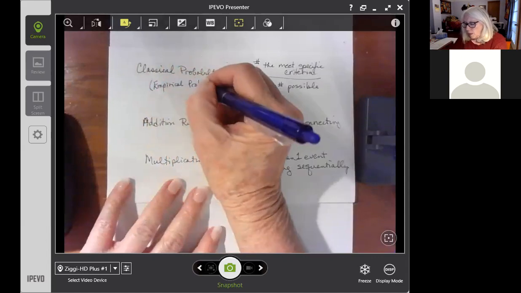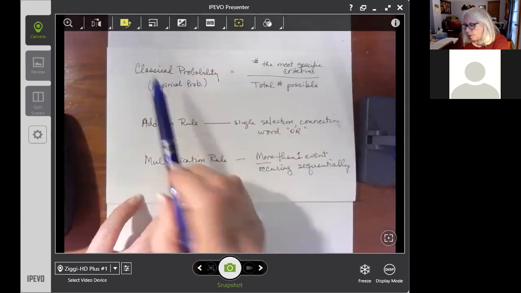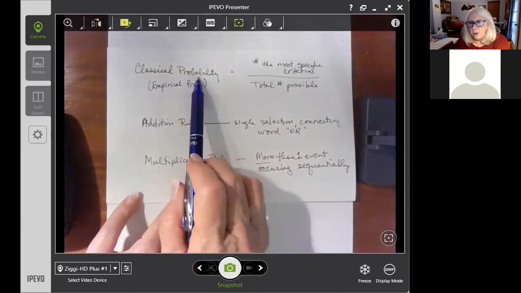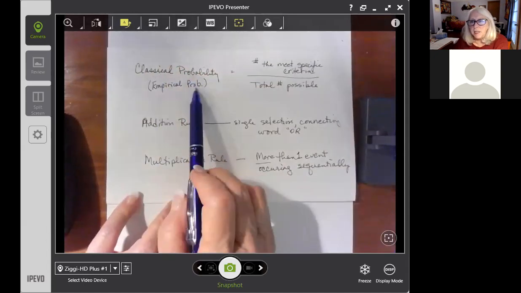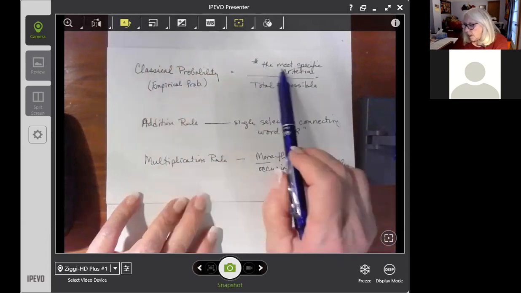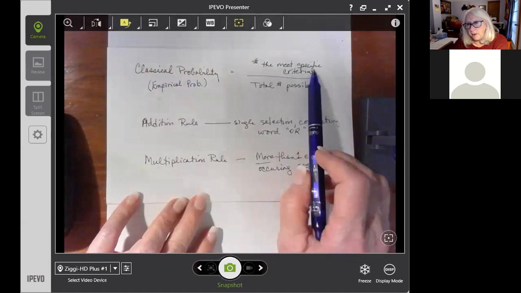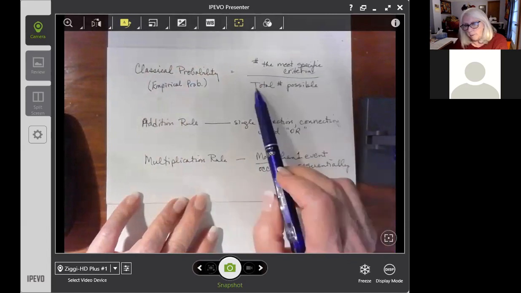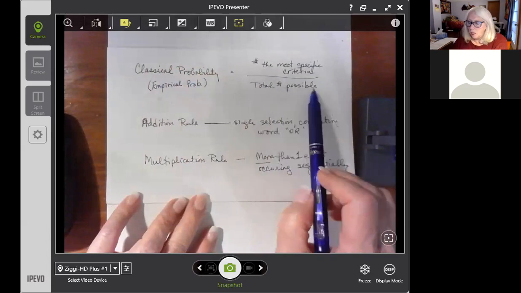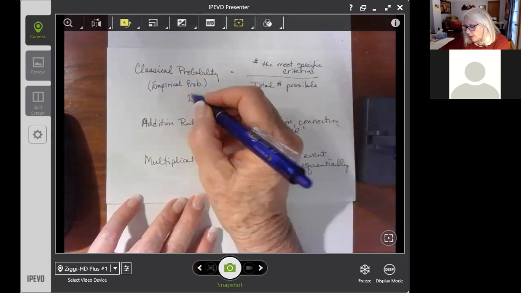So in classic probability and empirical probability, you essentially get the probability by determining the number of ways a specific criteria is met and dividing by the total number of possible outcomes. The simplest example I can think of would be rolling a die.